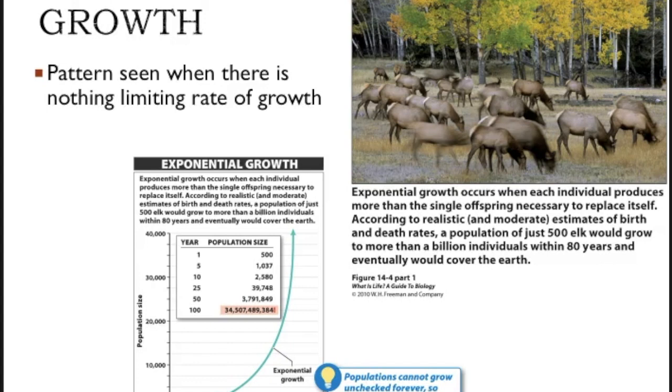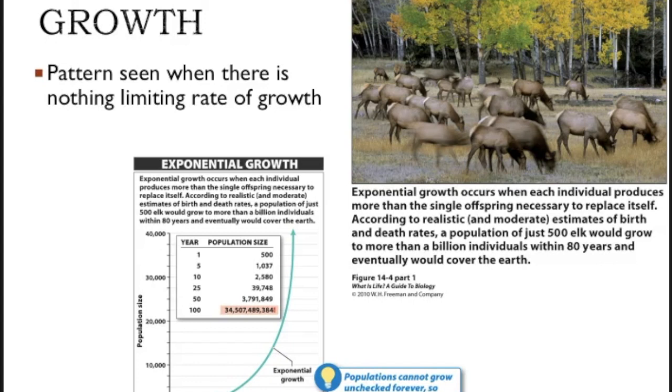Now, clearly, we're going to be talking about things that limit growth in a minute, but I just want you to understand what Darwin was saying on the previous slide, which was if nothing gets in the way, then this pair is just going to grow and they're going to cover the earth. The data that you're seeing in front of you are what would happen if you had 500 elk. And what would happen to those 500 elk if all of their offspring survived?